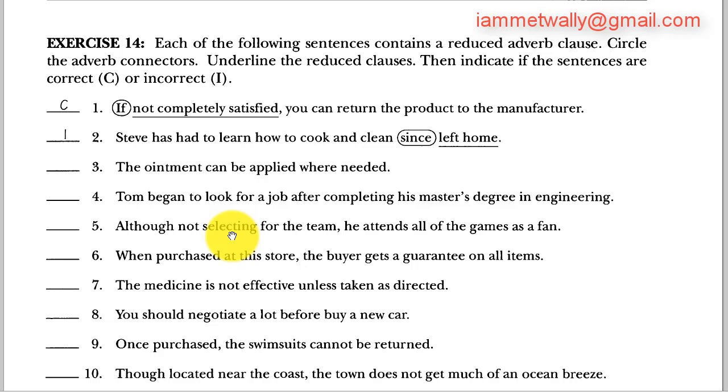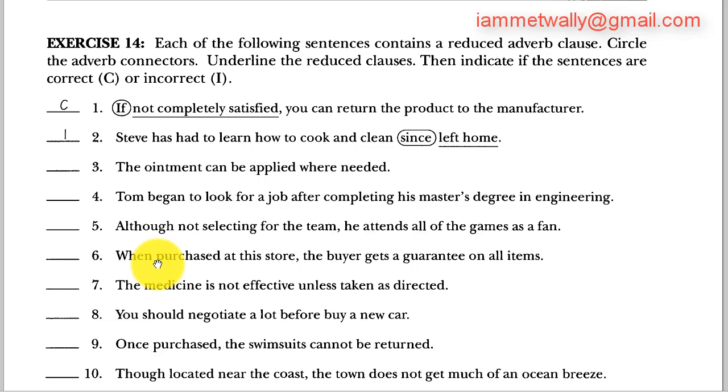5 is incorrect. 6. When purchased at this store, the buyer gets a guarantee on all items. When is a connector, purchased is the reduced clause, the buyer is the subject, gets is the verb. But when purchased here, you're talking about the item that you are purchasing, because it's passive. So this comes with active.